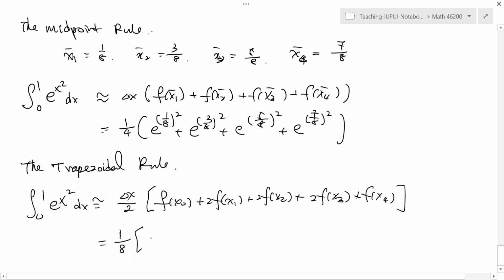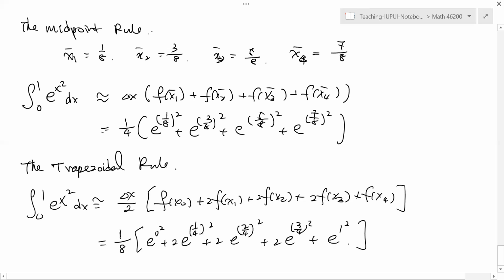And then this is e to the 0 squared, twice e to the quarter squared, twice e to the half squared, twice e to the 3/4 squared, and then e to the 1 squared. If we are able to estimate this, it should be a much better estimate than the midpoint.